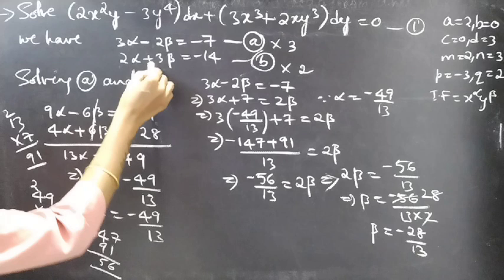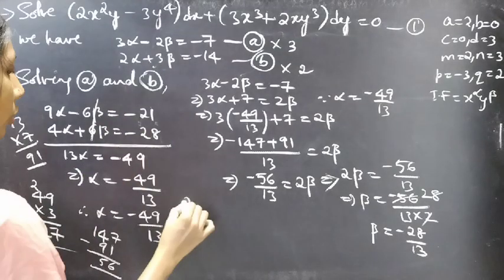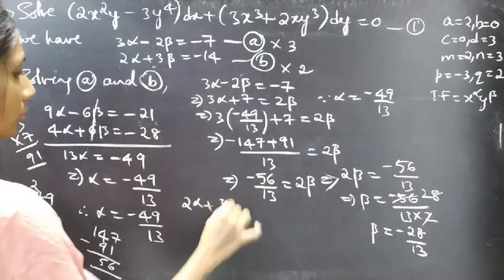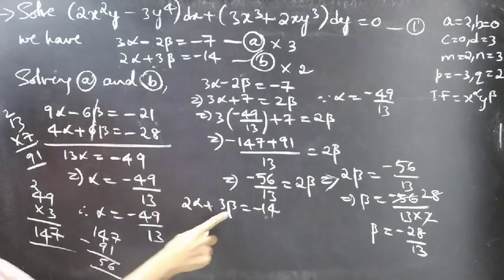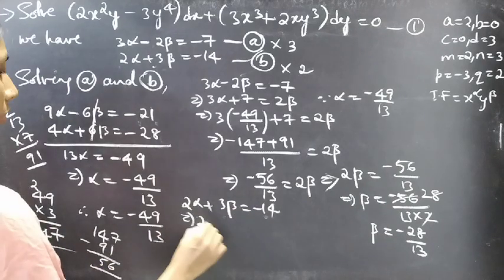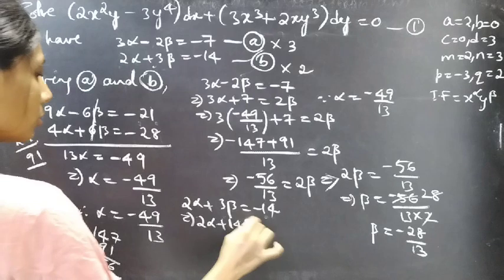Now coming to the second equation, let's try this also. Now bring this minus 14 to LHS, take this 3 beta to RHS, you'll get 2 alpha plus 14 equal to 3 beta.